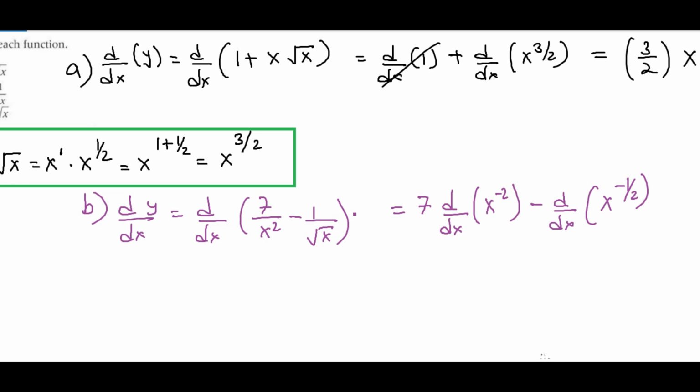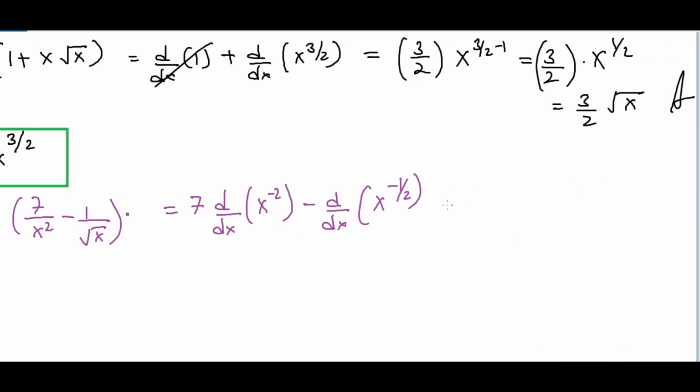Okay. So now we proceed with the differentiation. X to the minus 2 will come out because n value is negative 2, x to the power negative 2 minus 1, negative half, because n value here is negative half, x to the power negative half minus 1. Solve it. Negative 14, because 7 times 2 is 14 and the negative symbol.